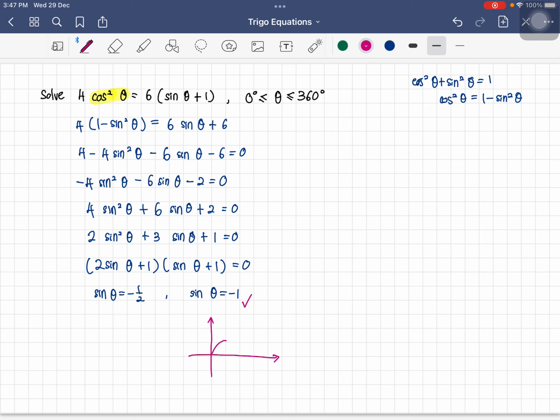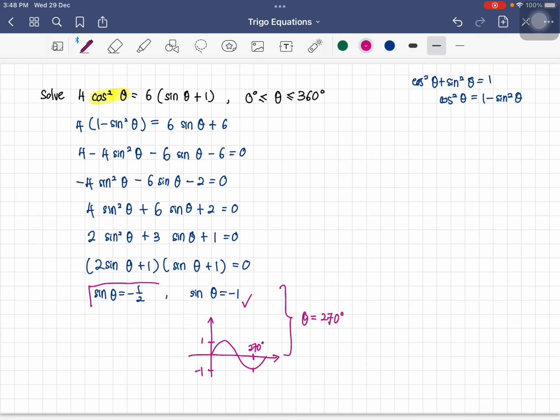The graph will be something like this, and you want 1 and -1. You need to find the value of theta which makes sine theta equal to -1. It's here, which is 270 degrees. Therefore, the solution for this one is theta equal to 270 degrees. We are done with this one.